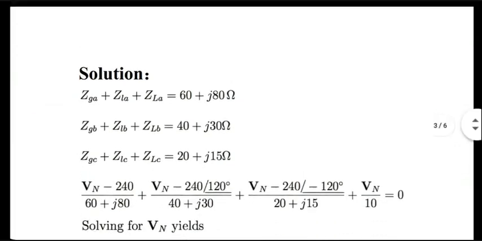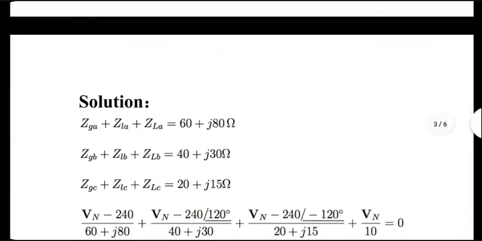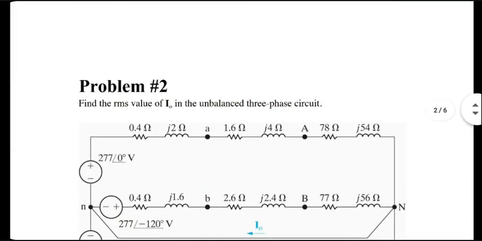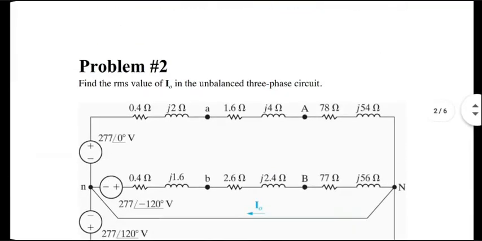VN minus 240 divided by everything in phase A, the impedance of everything in phase A. 0.4 plus j2 plus 1.6 plus j4 plus 78 plus j54.